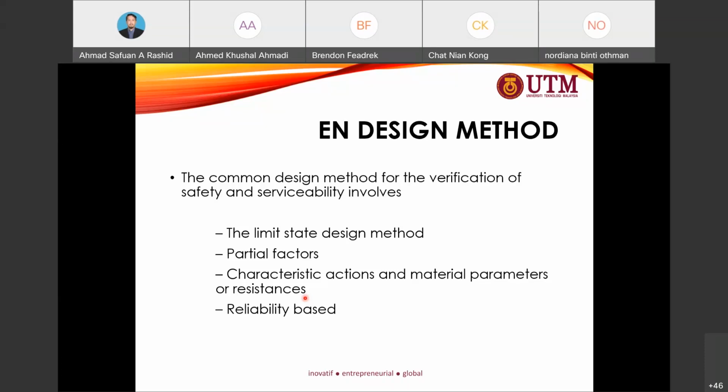For example, for designer 1, designer 2 or designer 3, at the end we have the same factor of safety, so it can harmonize the output of the design among designers. So that is the objective of the Eurocodes.